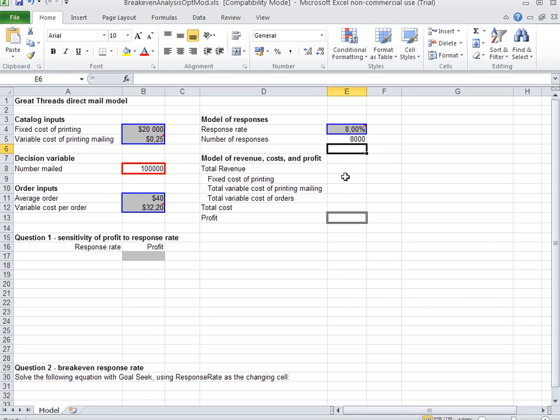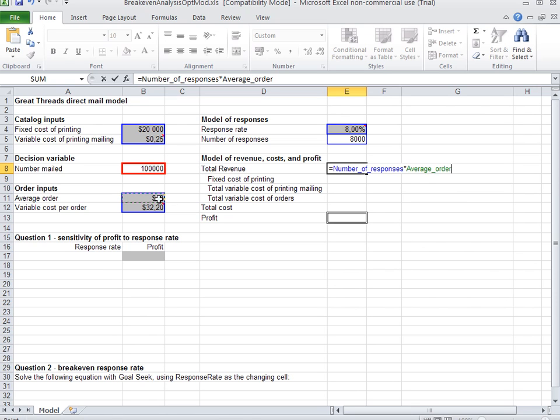Next, let's take a look at the money coming in for our operation. The money coming in equals those 8,000 who actually bought our products times $40, which was the average size of the order that was taken from us.